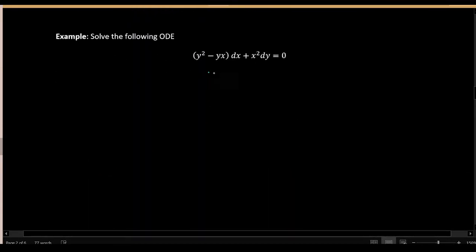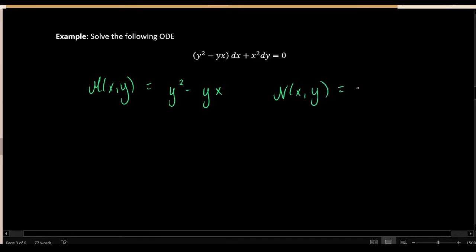For example, in this ODE, we have M(x,y) equal to y squared minus y times x, and we have N(x,y) equal to x squared. So suppose that I go into M(x,y) and I multiply the input x and the input y by a variable called t.